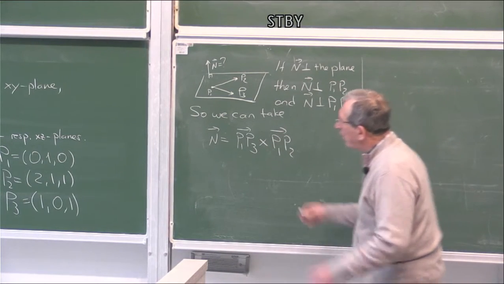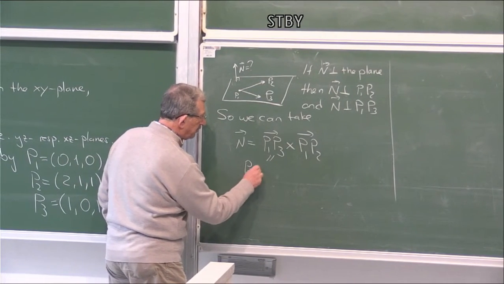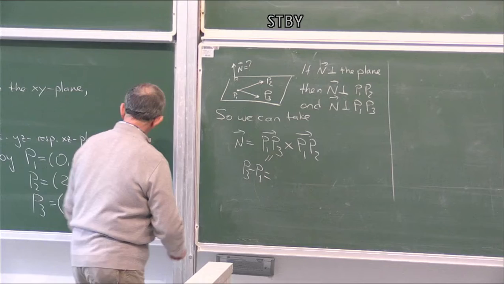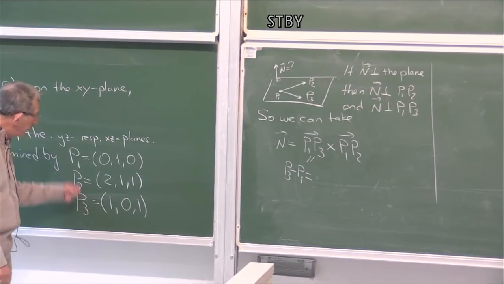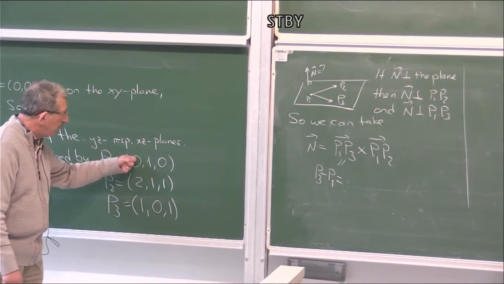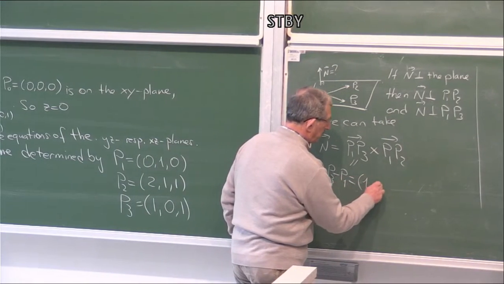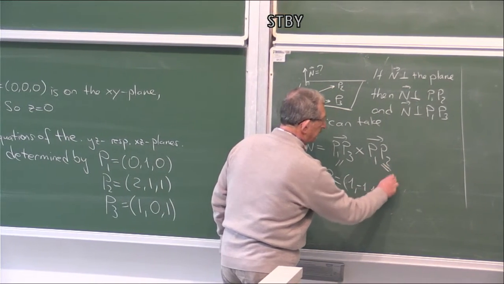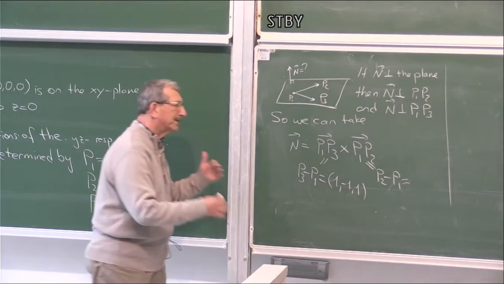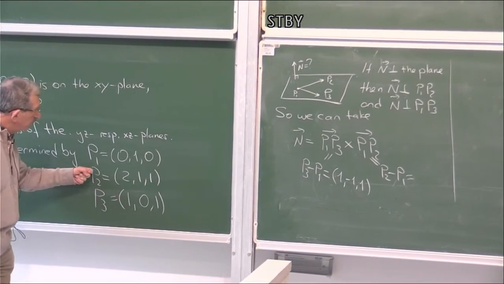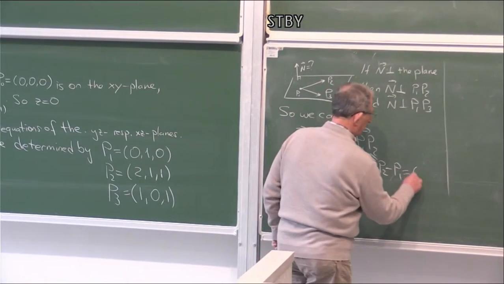Now, when we look at P1, P3, we see that it's P3 minus P1. So it is 1, minus 1 and 1. Similarly, P1, P2 is P2 minus P1. So it would be 2 minus 0, 0, and 1. So 2, 0, 1.